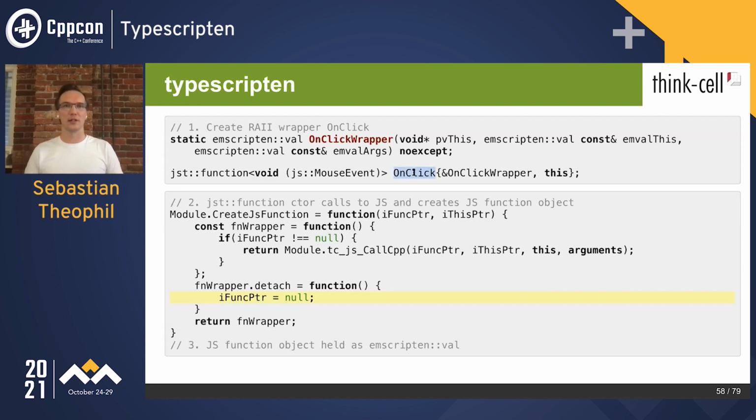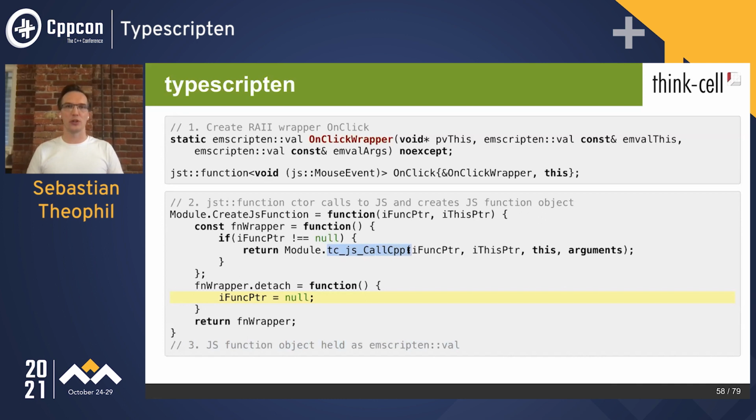When that thing is destroyed, it will call this and deregister from that JavaScript function object that lives for as long as JavaScript thinks it has to live. The JavaScript function object we have created here will be passed back to C++ as an emscripten value, as anything else is.